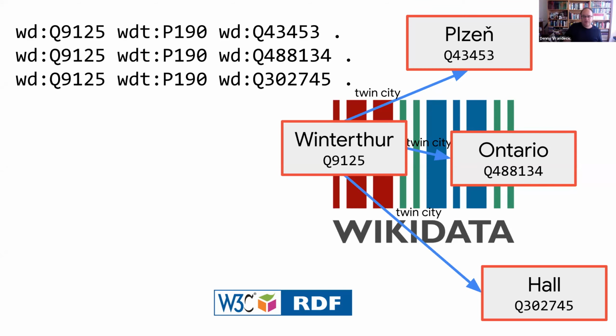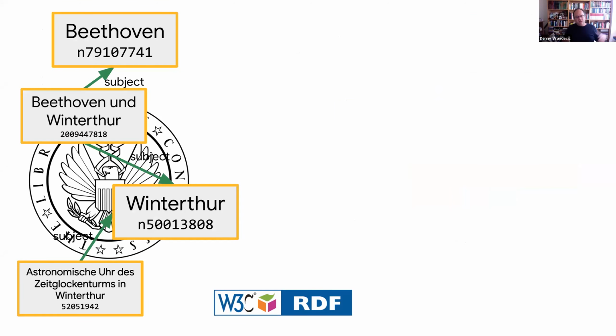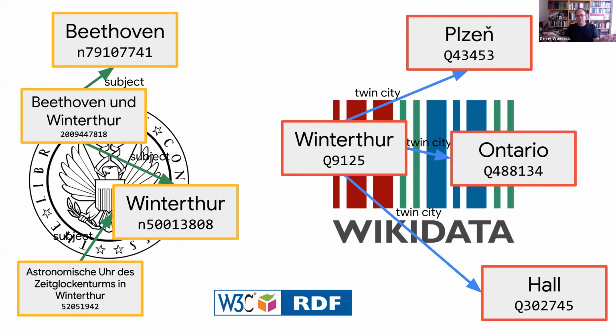Now the thing is, Wikidata is not the only one that publishes large RDF graphs. The Library of Congress, for example, also publishes a large RDF graph with a lot of entities, also in RDF. So we have one knowledge graph published by the Library of Congress, and we have a knowledge graph published by Wikidata. Now, what we have in Wikidata is also saying that Q9125, Winterthur, is connected to N5001388 in the Library of Congress.